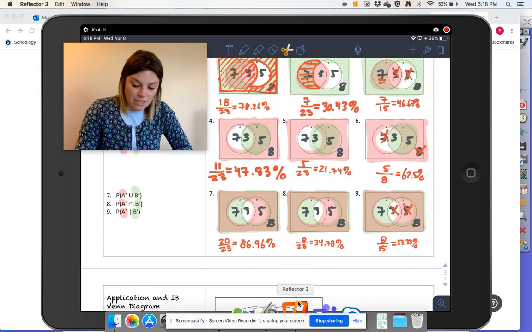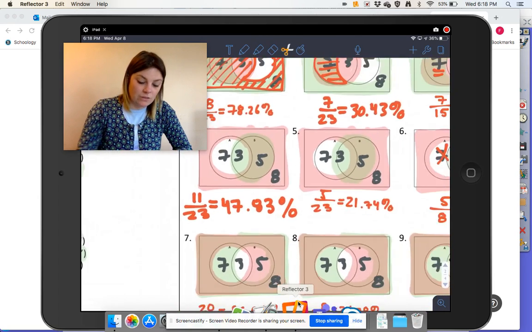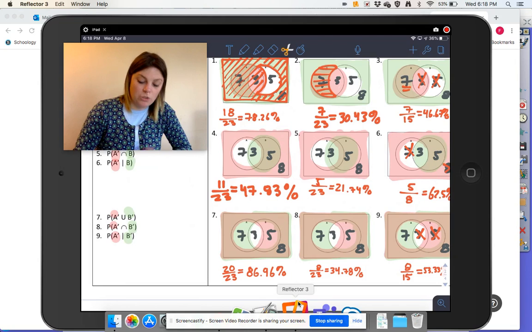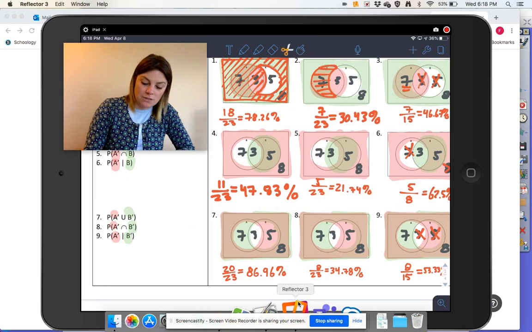And the reason why it's 11 out of 23 is because it's all of the shaded parts. So basically, it could be everything that's shaded. Union means all shaded. Doesn't matter if it's double shaded or just single shaded. And so it's basically everything but this 7, right?